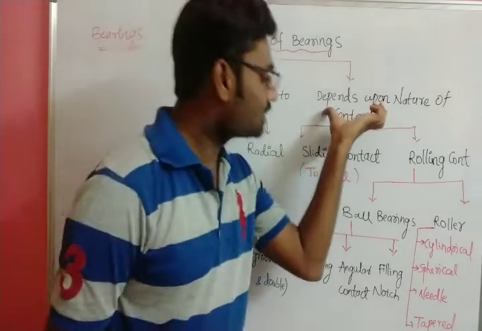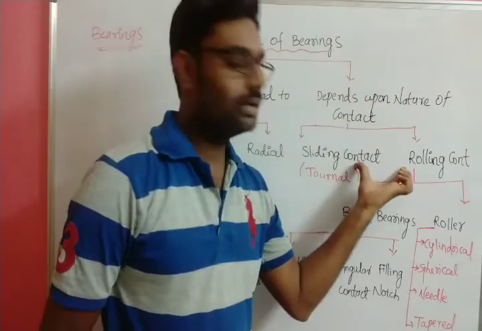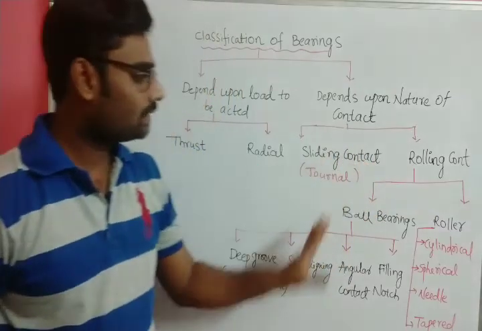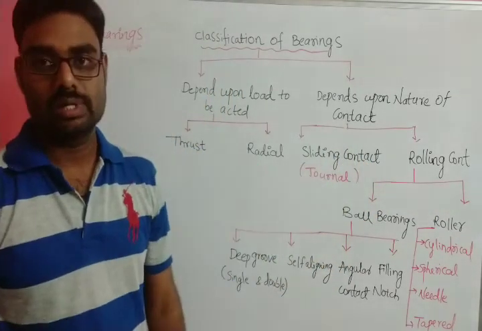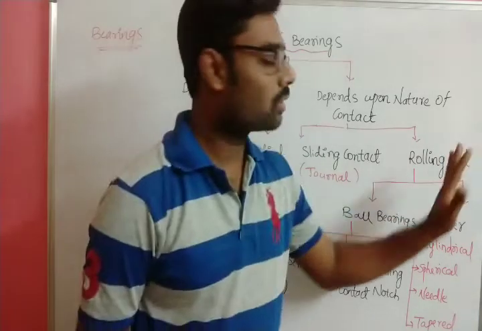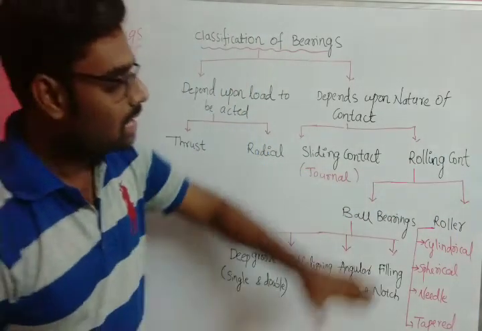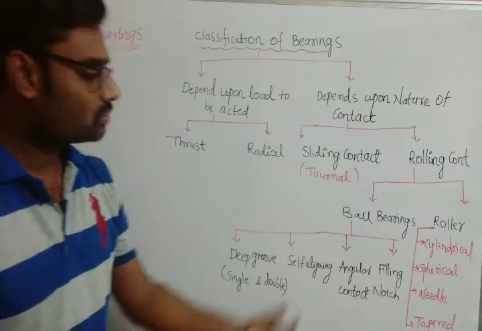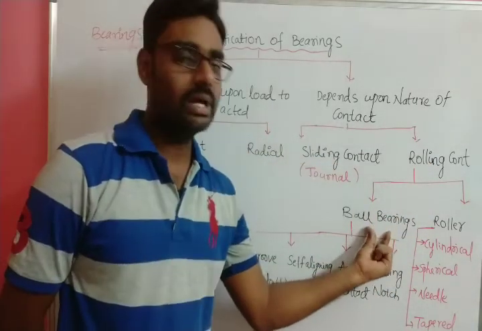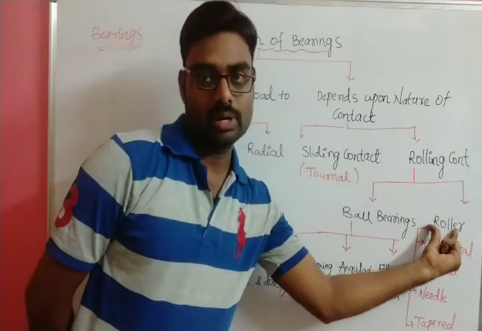The second is divided into two types: sliding contact bearings, also known as journal bearings, and rolling contact bearings. Rolling contact bearings are divided into two types: ball bearings and roller bearings.